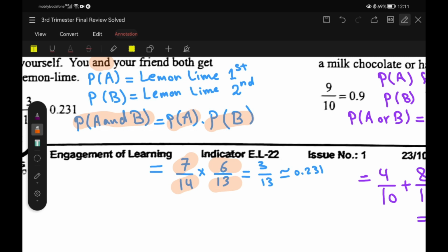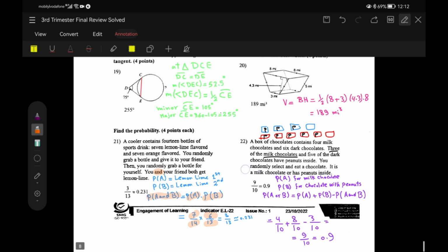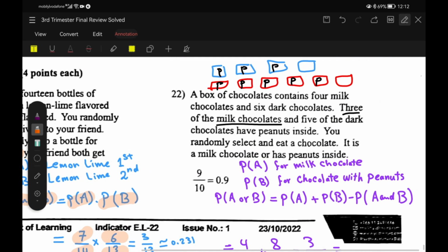So 6 times 7 equals 42 over 14 times 13. And then simplify it. So the final answer equals 3 over 13, which is approximately 0.231.